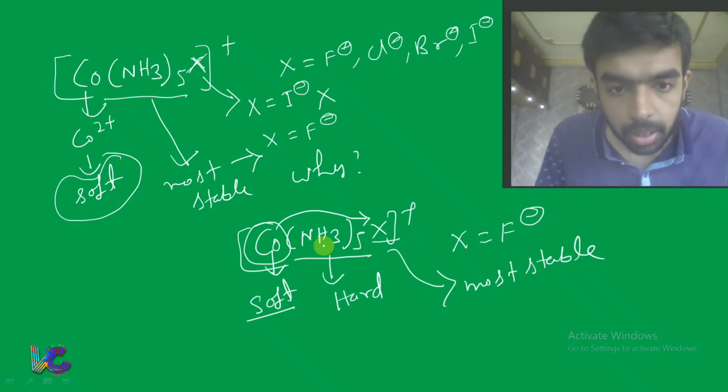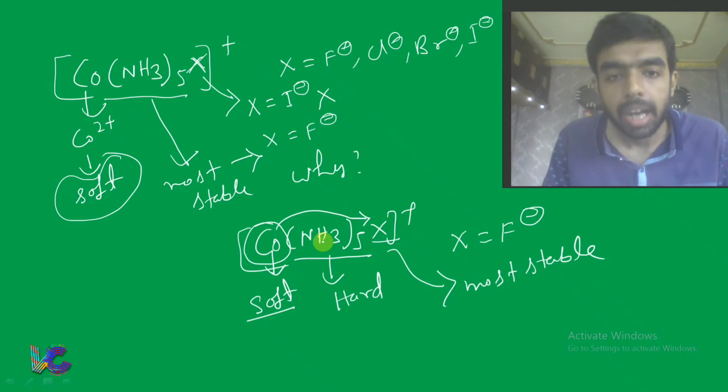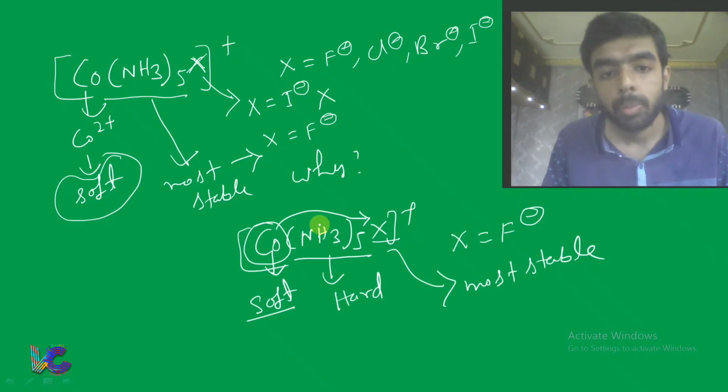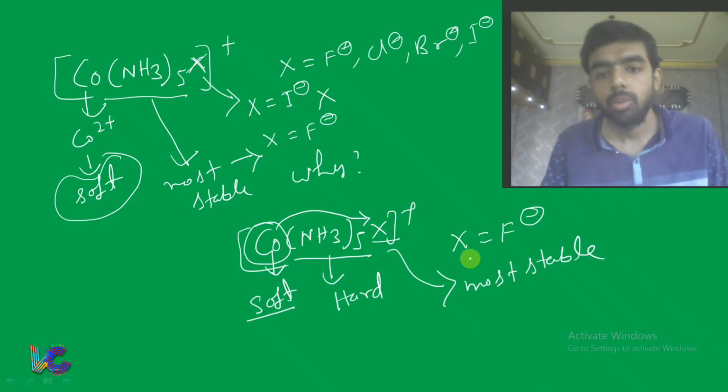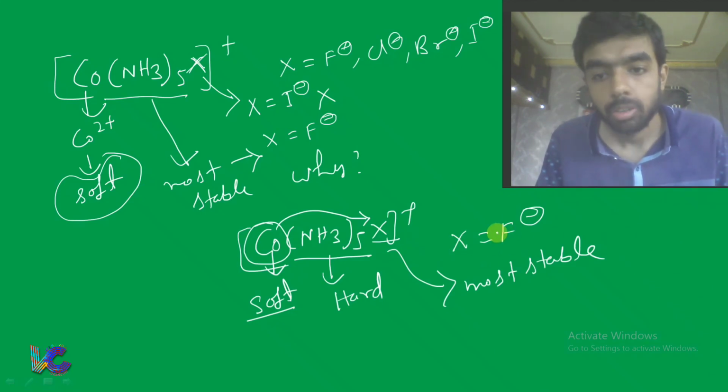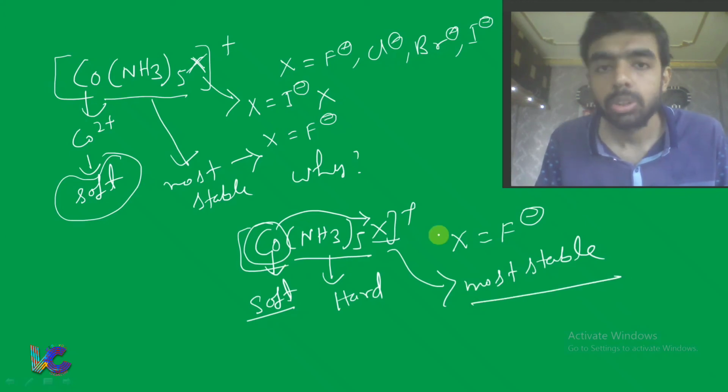Now here there is presence of 5 hard NH3 ligands, so the metal will attract the hard ligand. So when X is F-, in that case this complex will be most stable.